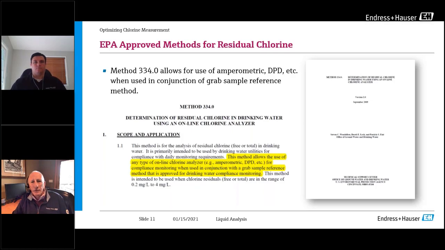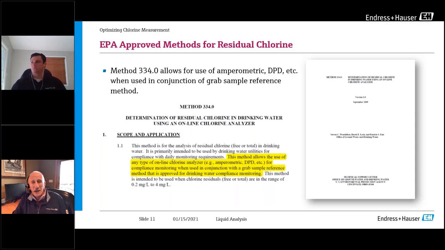And the EPA method that we're referring to is method 334.0. And method 334 was rewritten a number of years ago after submittal to the EPA, showing that an amperometric free chlorine measurement system is just as accurate, just as reliable, and can provide that same quality measurement as a colorimetric or DPD test can.